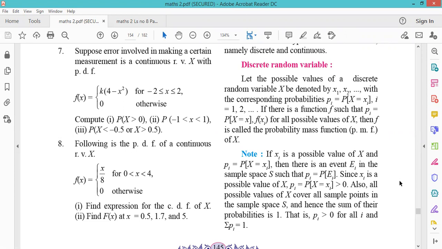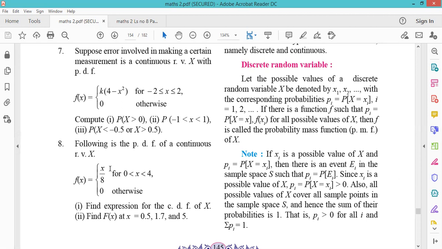And last time we saw how to calculate the values related to PDF, probability distribution functions of a continuous random variable X. Now today, class, the three sums which we'll be doing of the exercise, that is sum number 8, 9 and 10, deal with how to find the CDF, the cumulative distribution function of a continuous random variable, which is also represented by F of x, that is capital F of x. So just have a look, class, how to solve the sums related to CDF.